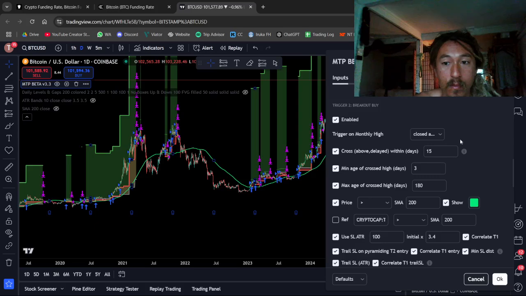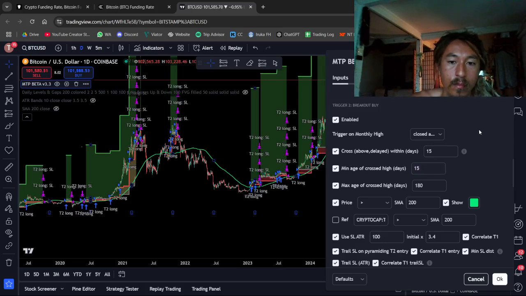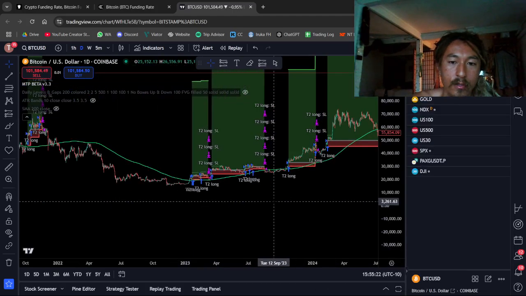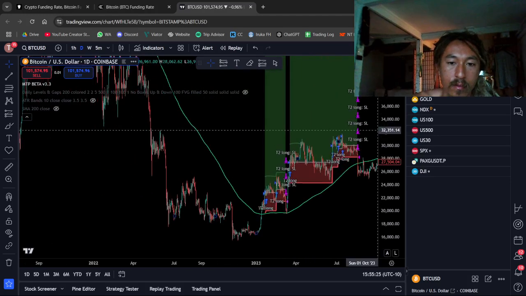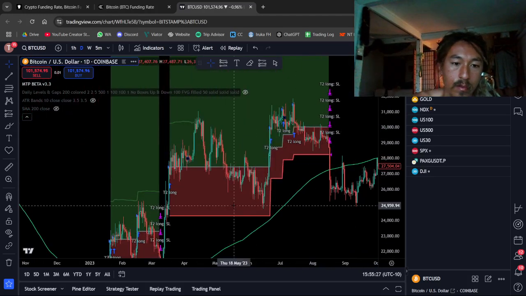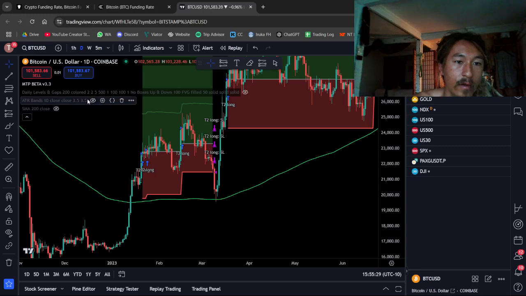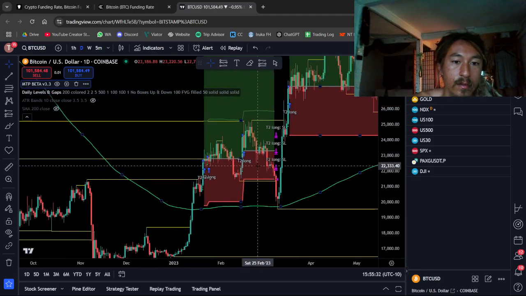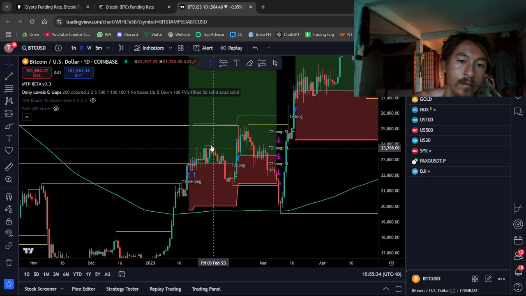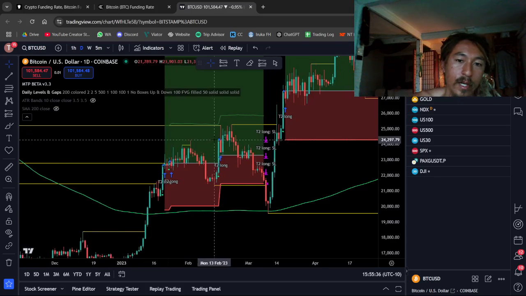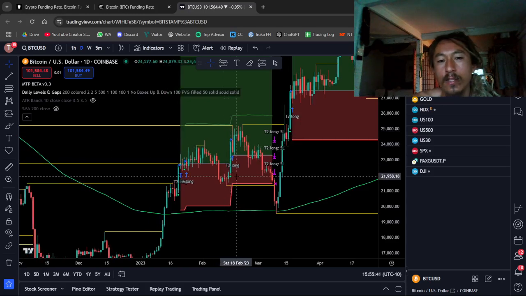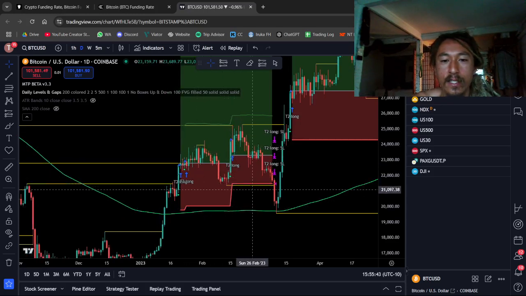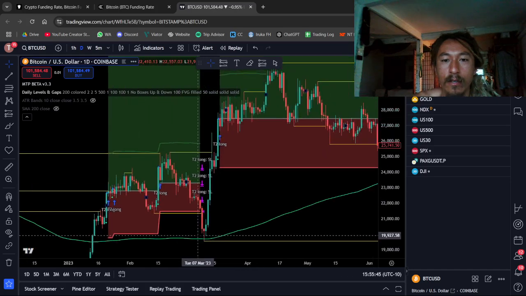Okay, let's look again. I guess there's more in this area. For instance, we get a long up here, which we wouldn't have otherwise, which isn't so bad because it actually advances these stops, which otherwise would have stayed right here.